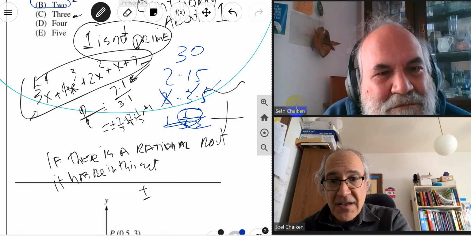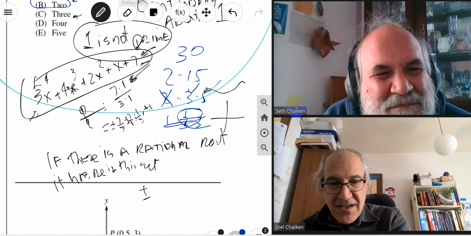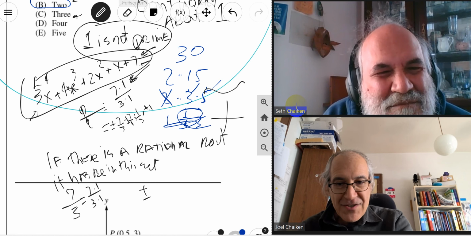Plus or minus, and then you take the factors of the constant term 7, and the factors of 3, and you go like 7 times 1, 3 times 1, and you put all combinations of this.